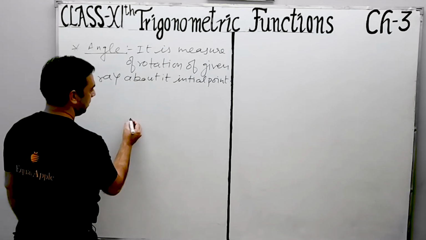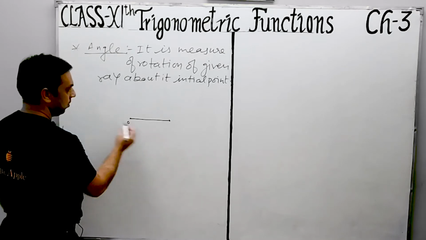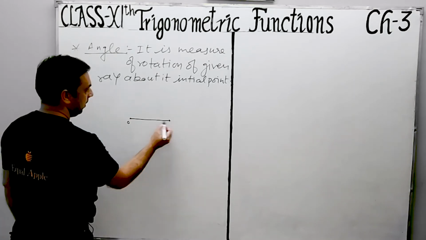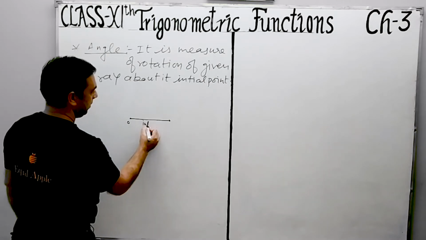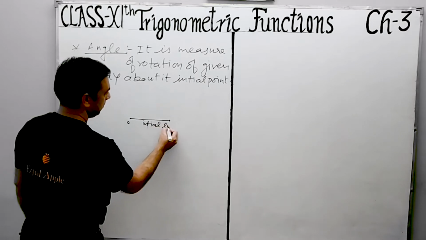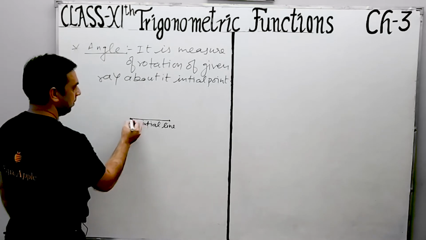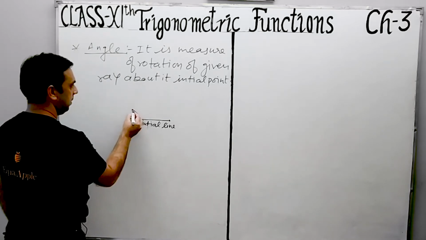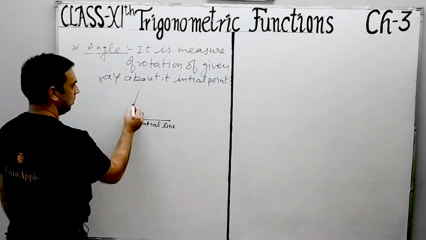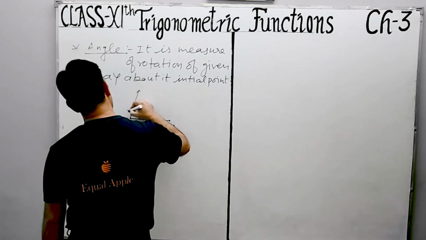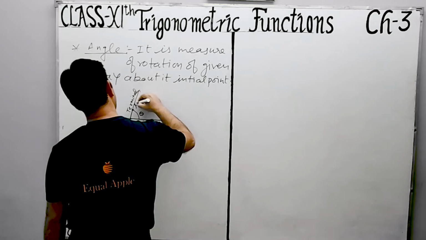Here we can see this is our ray and this is our fixed point. So this ray we call the initial line, and when it rotates at any angle like theta, this is our terminal line.